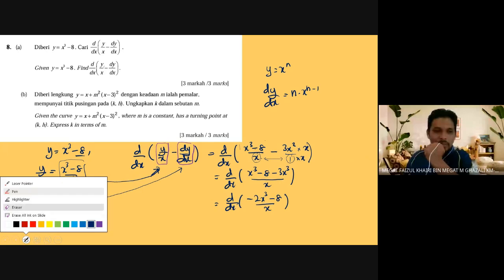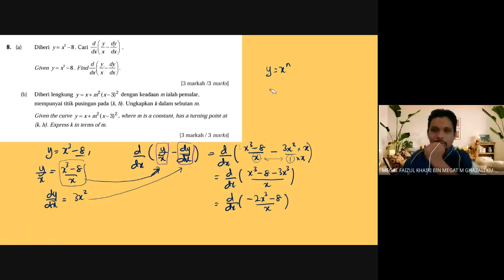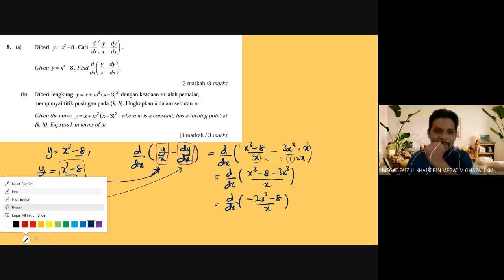Now there are two options to differentiate this function.